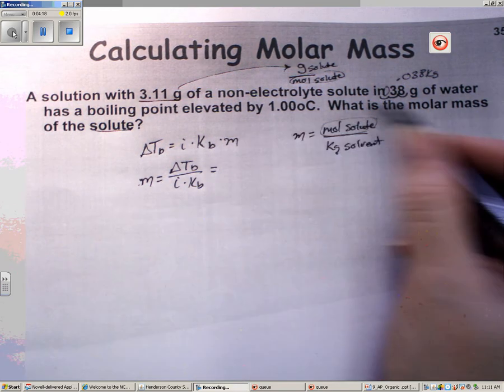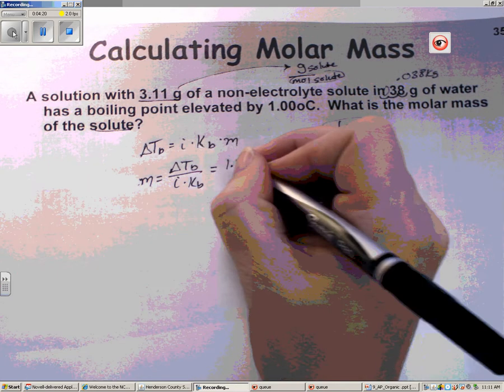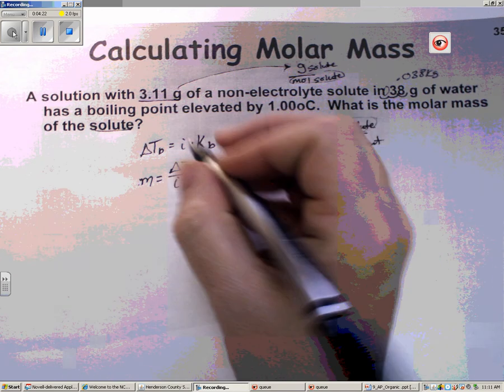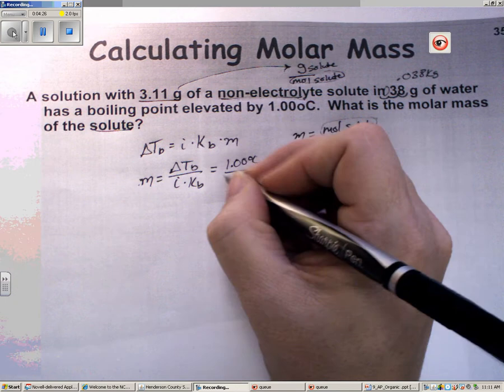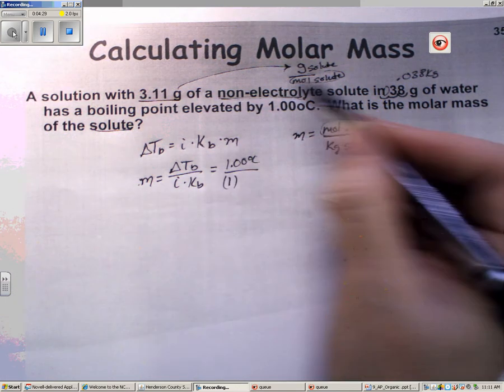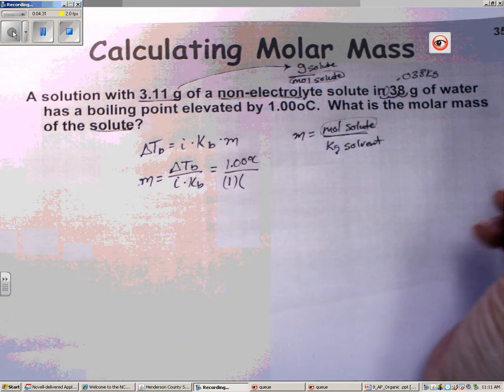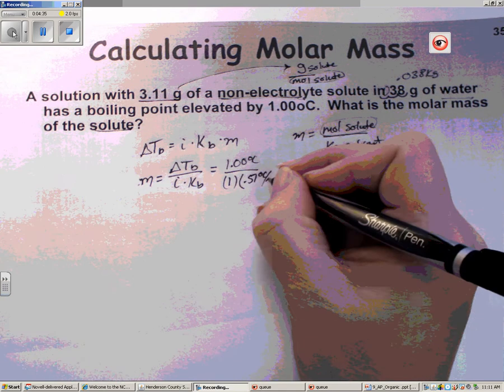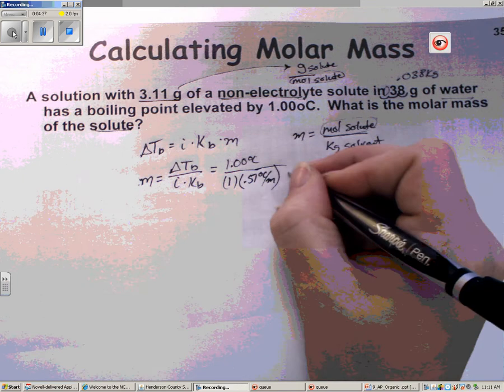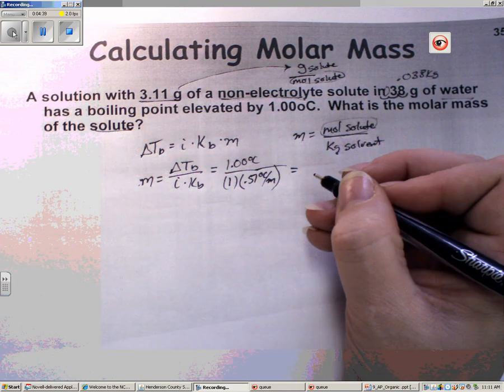ΔTb, it changed 1 degree. This is a non-electrolyte, so i is 1. And our Kb for our solvent, which is water, is 0.51 degrees C per molal. So we'll solve for our molality here.